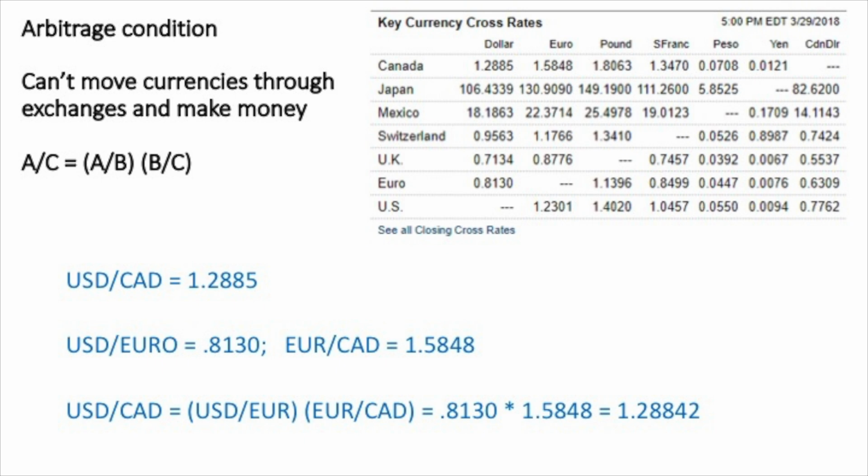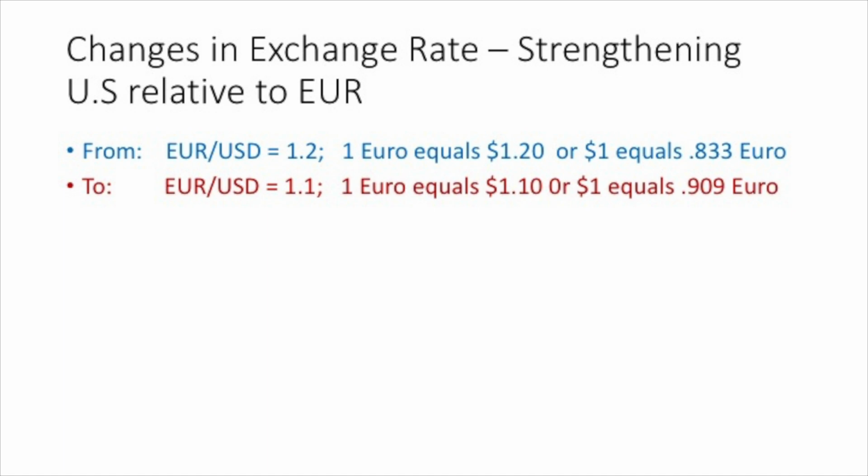Again, that's an arbitrage condition, and it causes all of those exchange rates and currency cross rates to bear a relationship to one another. Over time, those exchange rates are going to vary, and generally we describe those as strengthening and weakening. And here I'm going to give an example between euro and US dollar.